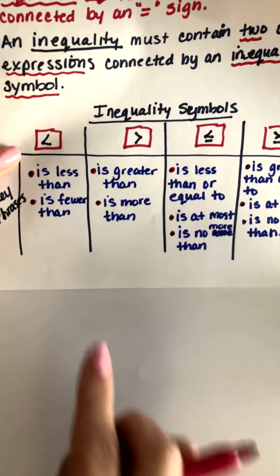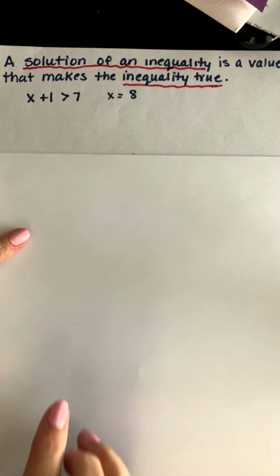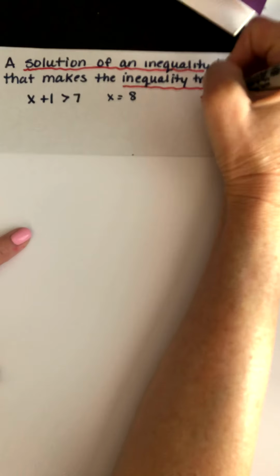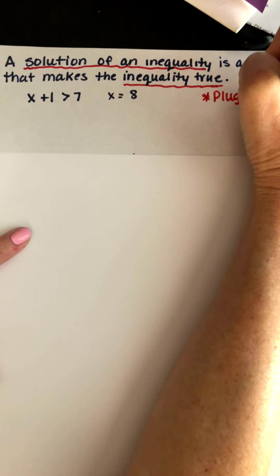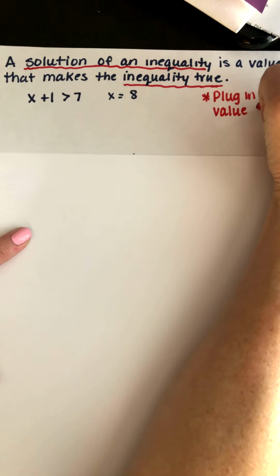The first problem says x plus 1 is greater than 8. Again, it might be helpful to have your key terms off to the side. So the first thing you're going to do is plug in the value for the variable.